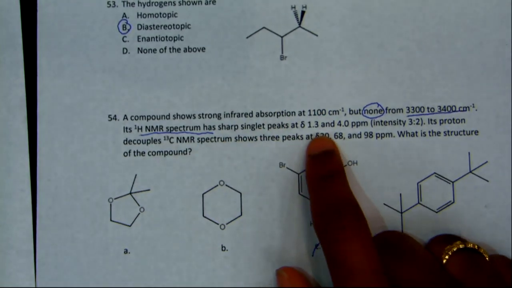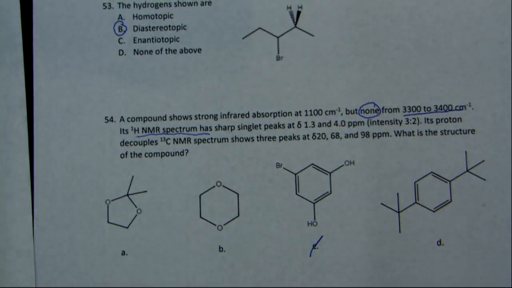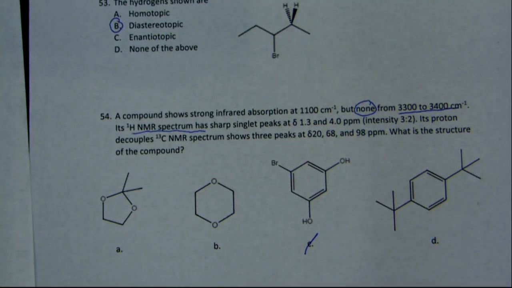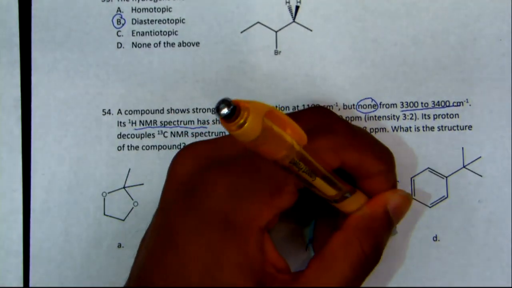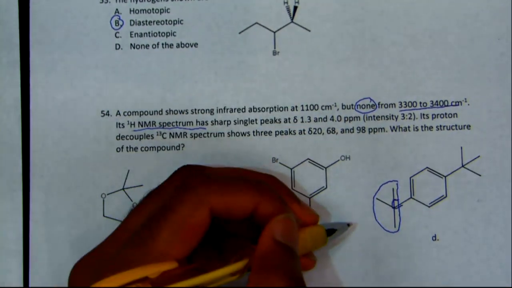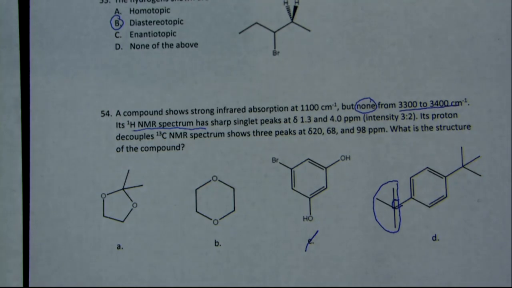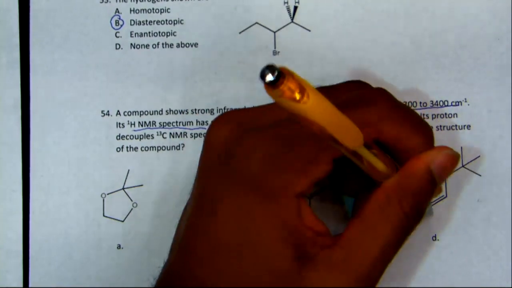So let's see how many signals I get in my H1 NMR. I only have 2 signals, so I should only have 2 non-chemically equivalent hydrogens, right? In this case, I have just one set of chemically equivalent hydrogens, so only one signal should show up. Actually, wait, and then I have these hydrogens, so I should have 2 signals.